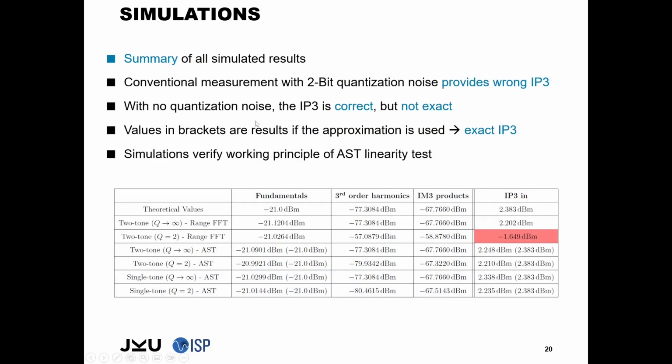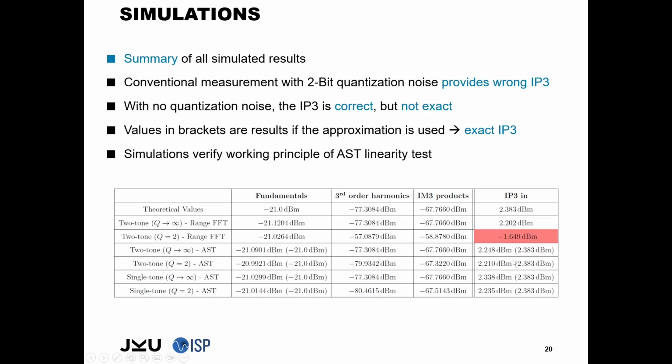To summarize the values, we can see, as I told you, with the conventional measurement and quantization noise, the IP3 is wrong. The values in the brackets are the results if the approximated formula is used.